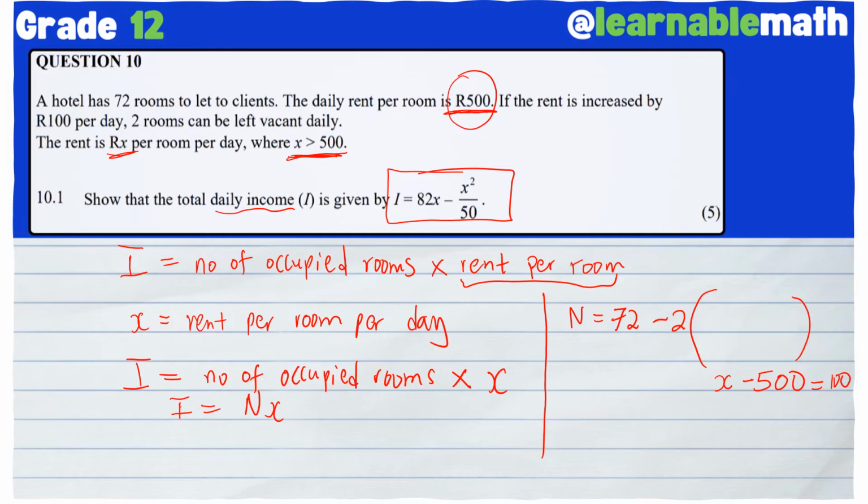Okay, how can we ensure that? So we can say x minus 500 equals 100, right? Because we want to ensure that only 2 rooms will be vacant for every 100 rand increase.